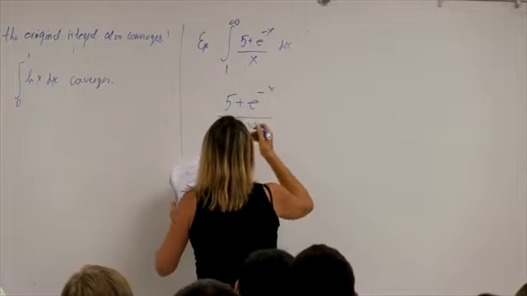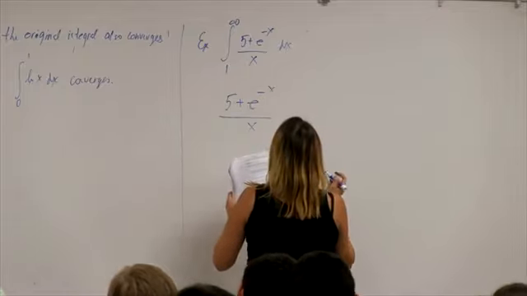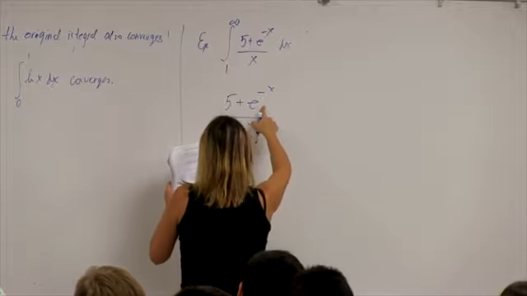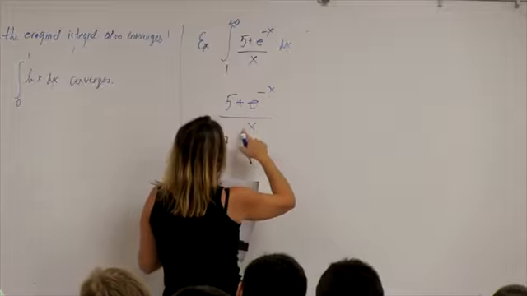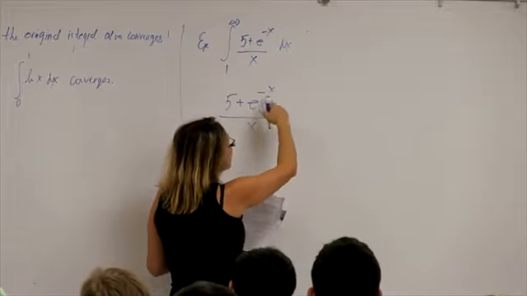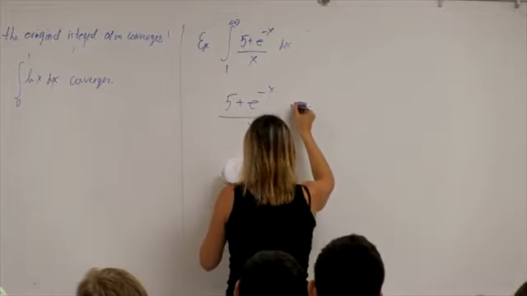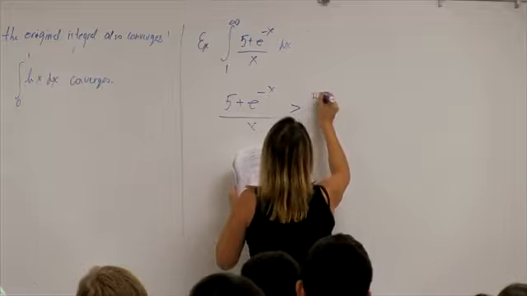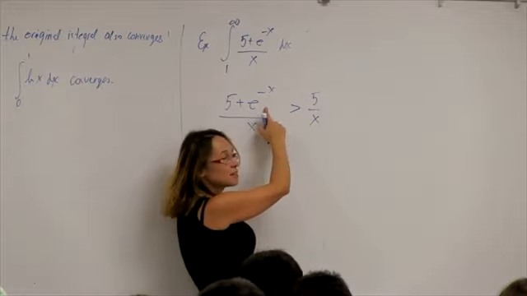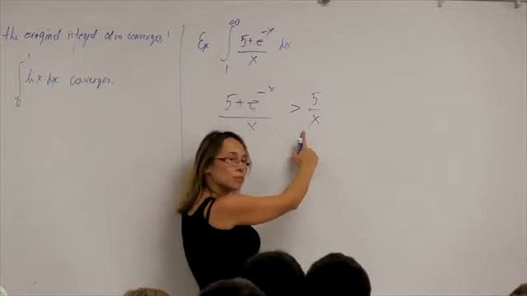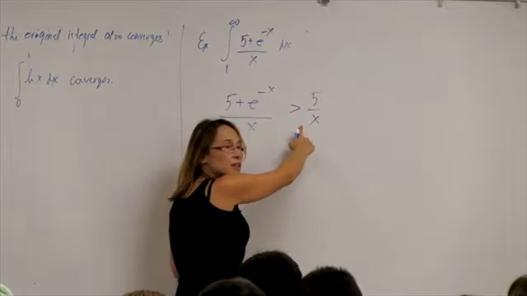This is not an easy one to calculate. But we know that we can take 5 over x and add something to it that is positive. So this is definitely bigger than 5 over x, right? For this function, we add stuff in the numerator. Here we don't. And this function is very easy.